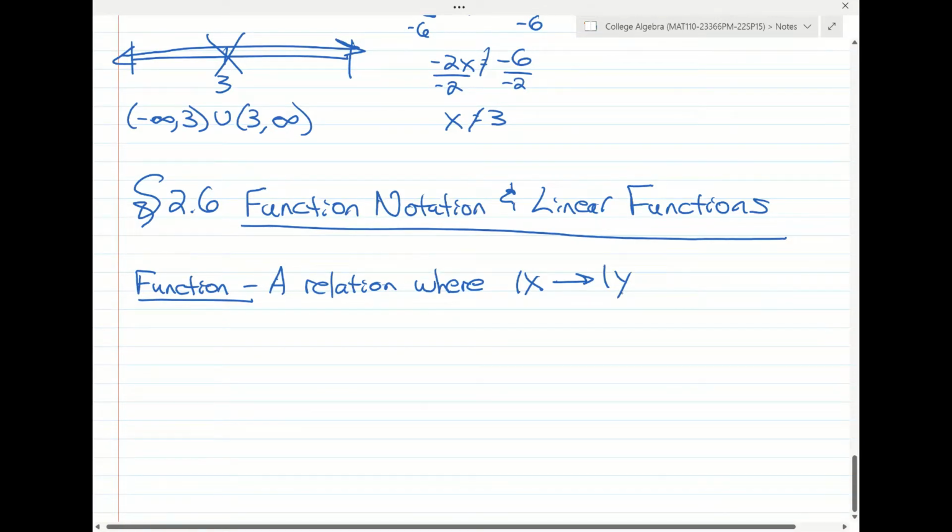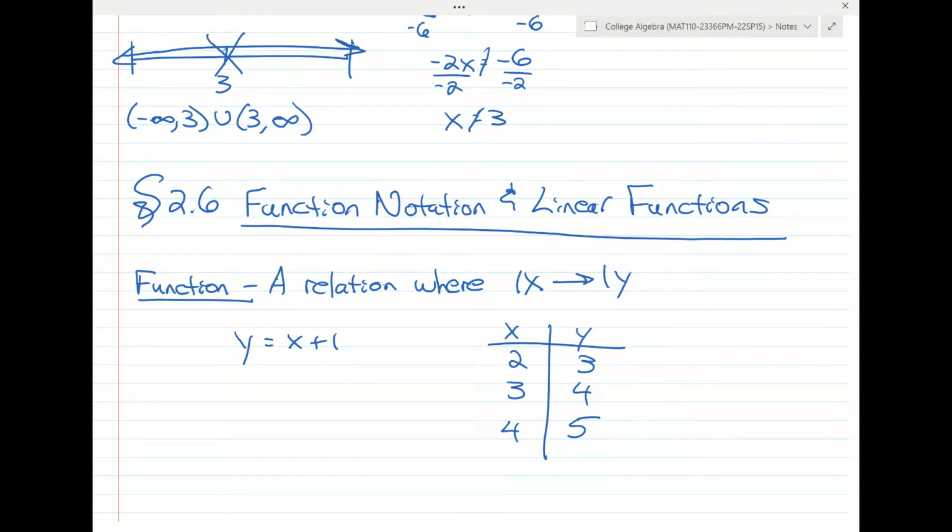If you have a problem where it's written y is equal to x plus 1, when x is 2, y is 3. When x is 3, y is 4. When x is 4, y is 5. Every time we plug in one x value, we get one y value. So this is a function.